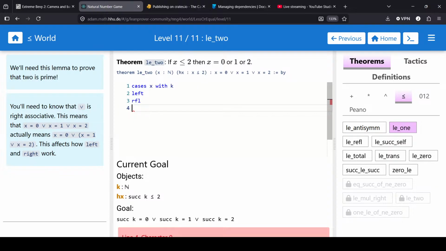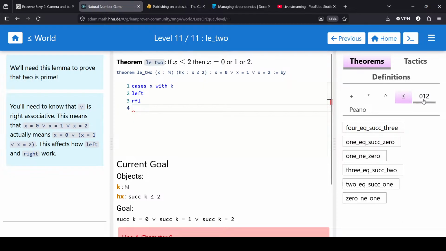what else do we want to do here? We want to. Okay, so now we have the suck k less than or equal to 2. So now I need to rewrite with 2 equals suck 1.